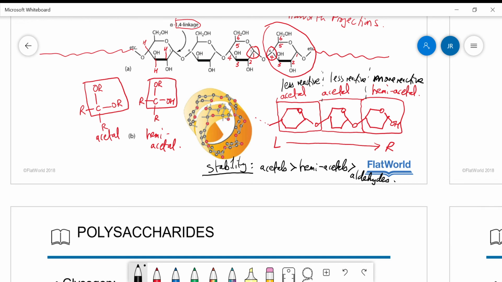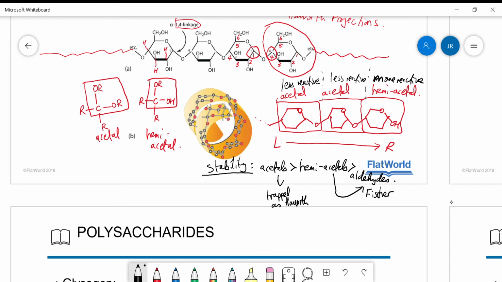So these acetals are essentially trapped as Haworth projections. But the hemiacetal is able to form the Fischer form. So the hemiacetal is able to open up.